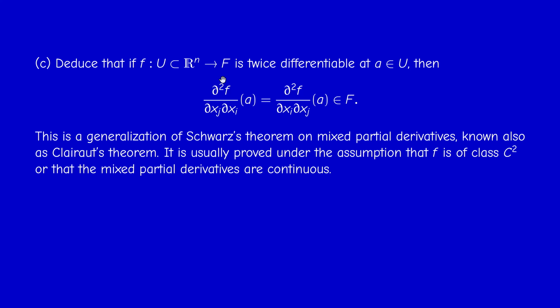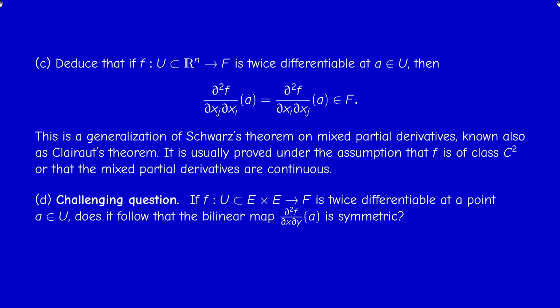Of course here we have some restrictions: all the variables belong to the same space R. So f is a function of n real variables that takes values in an arbitrary normed space. Usually we prove this for a function of n variables into R, but here we can do this generalization.